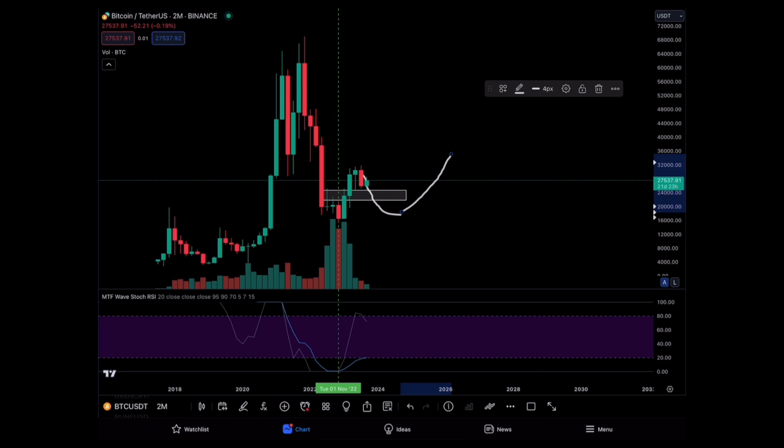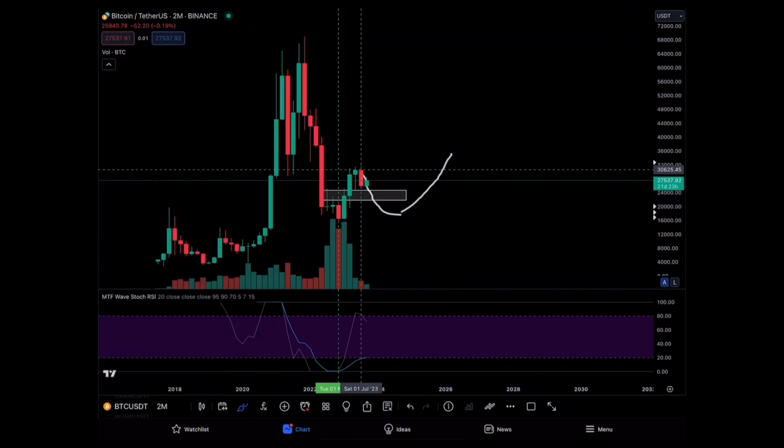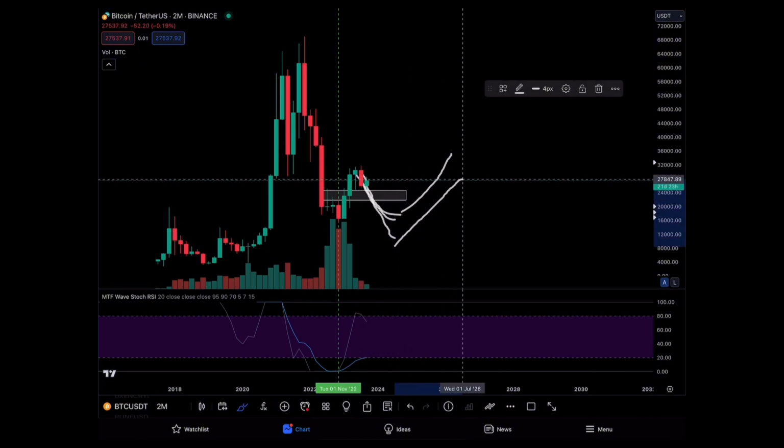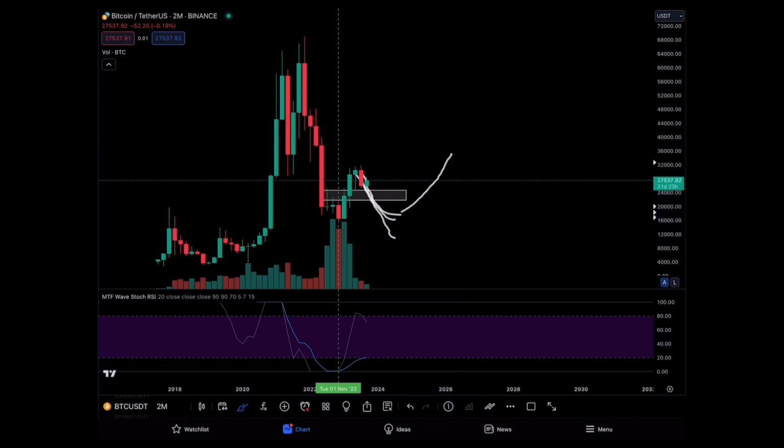So this is a very bearish scenario where this is gonna either go all the way to the lows or even below them, and then we're gonna see another wave upwards. So that's the second scenario, and as I said, it's very bearish. We'll see after the correction, the ABC.